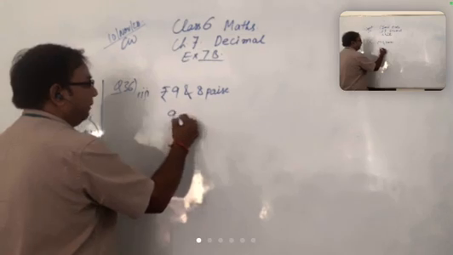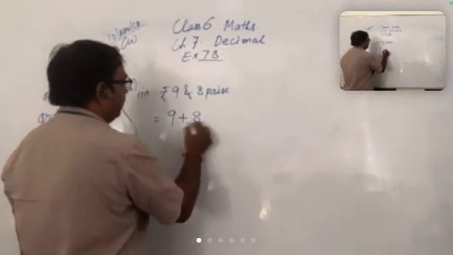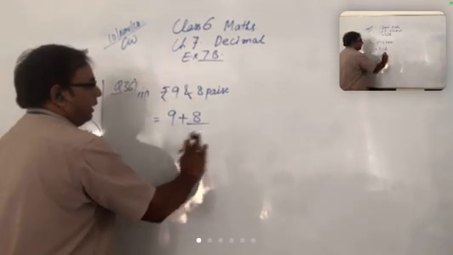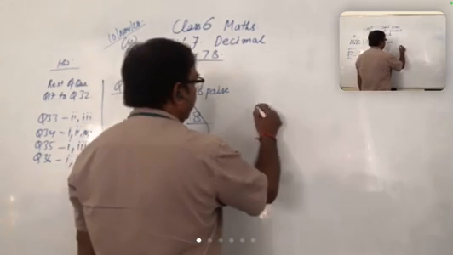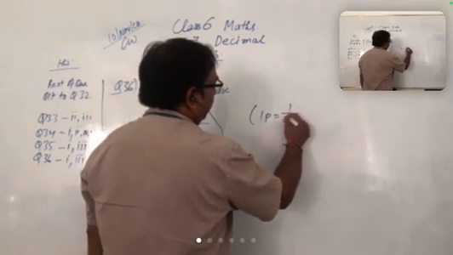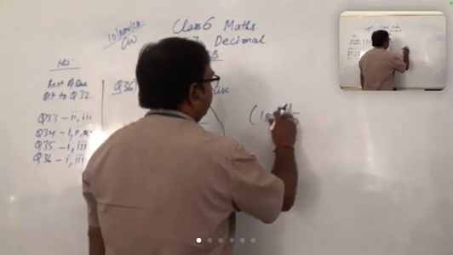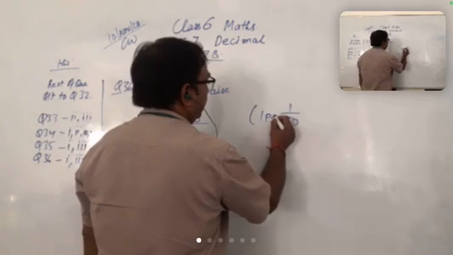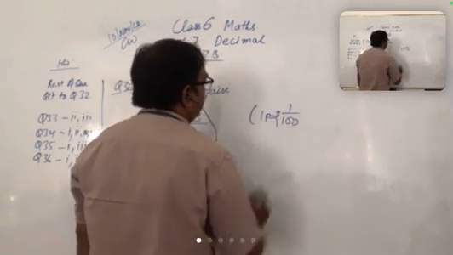So it will be 9 plus 8 upon, so we know that 1 paisa is equal to 1 upon 100 rupee.